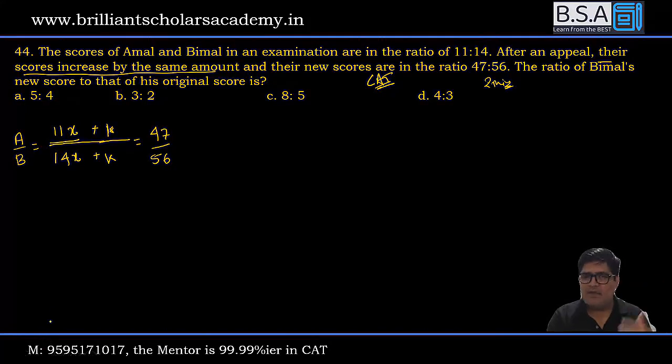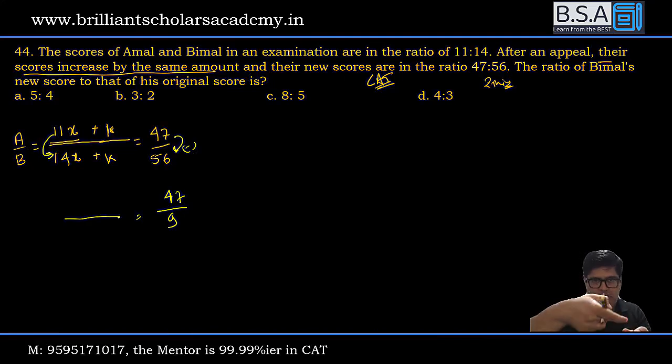I can see the denominator has a larger number, so I am subtracting the numerator from the denominator. 56 minus 47 is 9. This k will get subtracted, cancelled. 11 is being subtracted, so 3x.